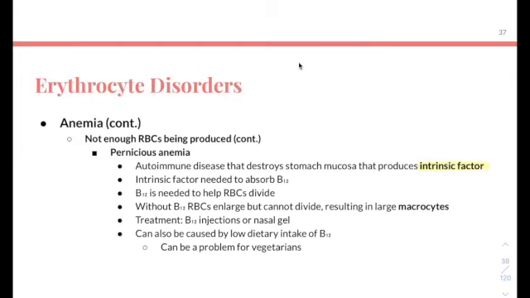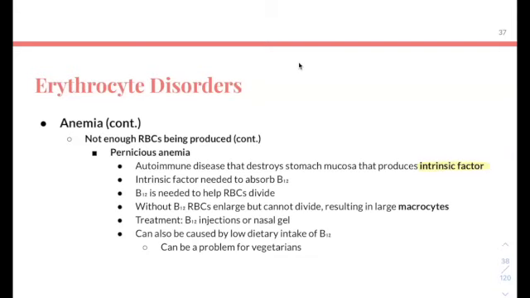They're usually treated with a B12 injection once a month, usually is what it takes to help get the B12 back into the system. It can also be caused because you're not getting enough B12 in your diet.